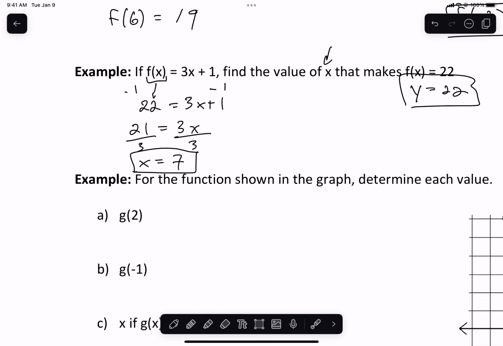Are we okay? So to finish the question off, let's write down the function notation. So f of 7, what is f of 7 equal to? That's 22.